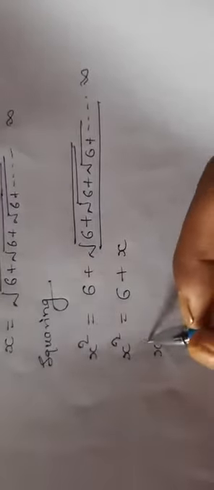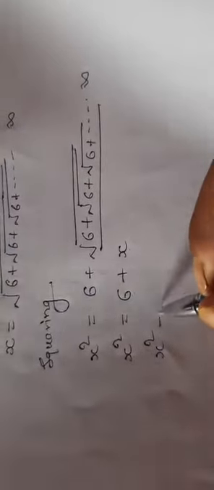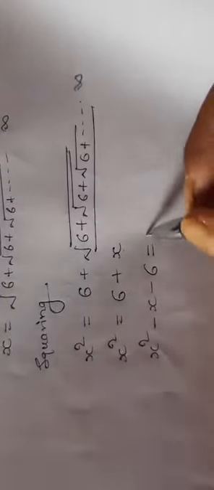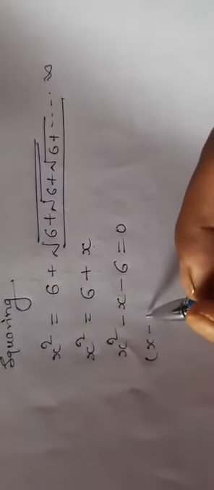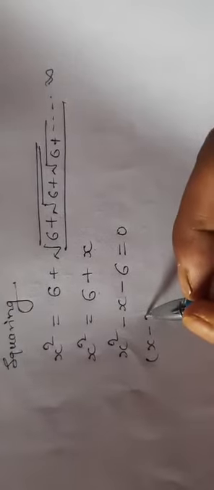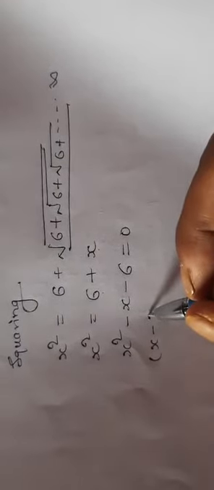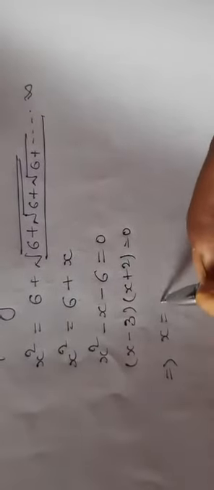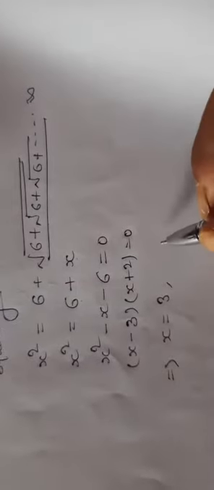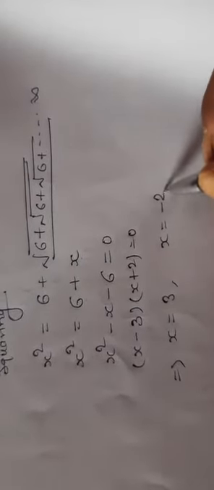Now taking this 6 and plus x to the left hand side, we will get a quadratic equation. This can further be factorized as x minus 3 and x plus 2 equals 0. So we get the two solutions x equals 3 and x equals minus 2.